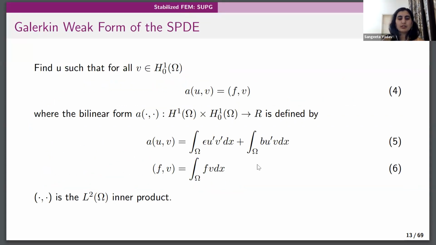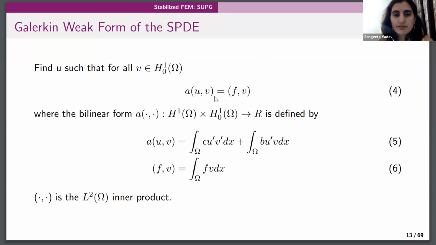Before going into the deep details of the proposed scheme, I'll first explain the basic finite element technique, the way we use it for solving singularly perturbed differential equations. For a given SPD, and from now on I'll call the singularly perturbed differential equation SPD, to solve it we will try to find u such that for all test functions v coming from the Sobolev space H10, this bilinear form is satisfied.